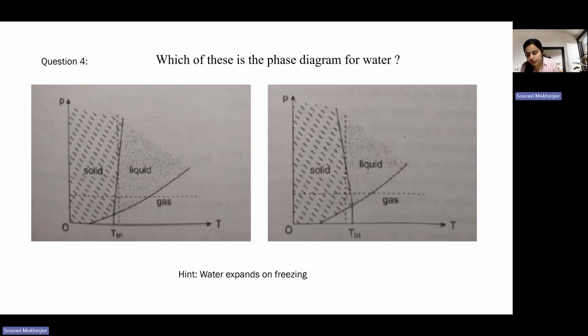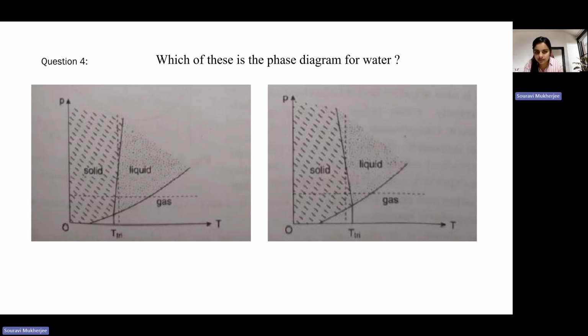So as you go from solid to liquid in a typical other medium, the volume increases. In water, when it goes from solid to liquid, its volume decreases, and that is related to the slope of the P versus T curve. Here, the P versus T slope is positive for any other medium. For this plot, it is negative.